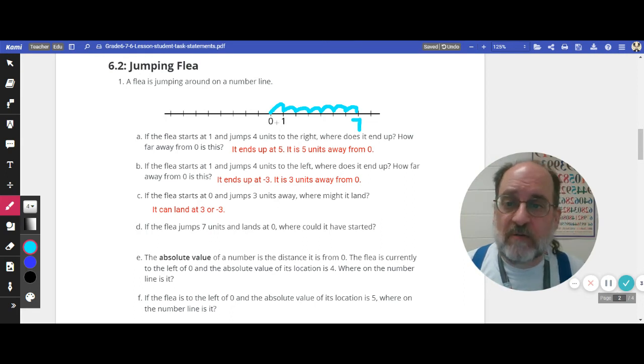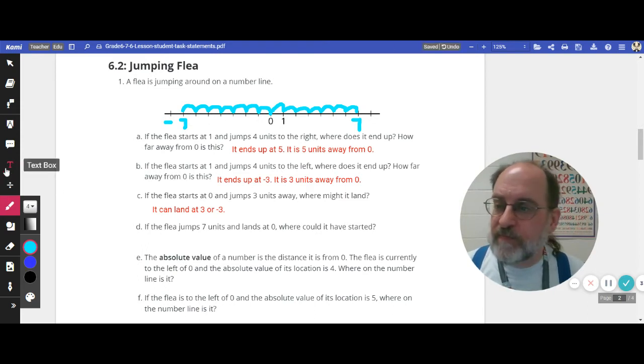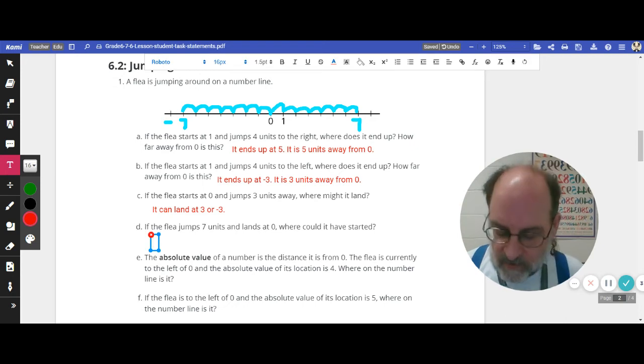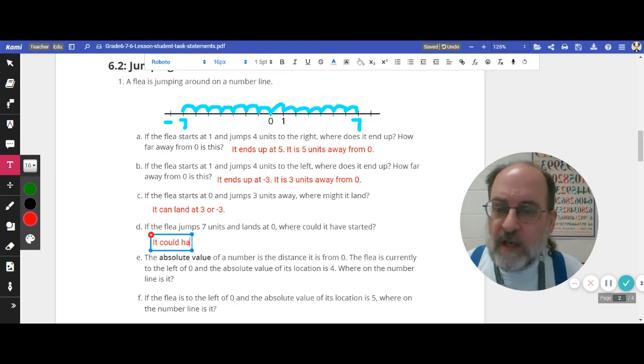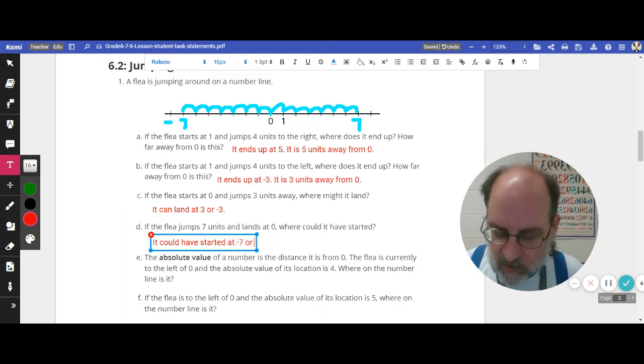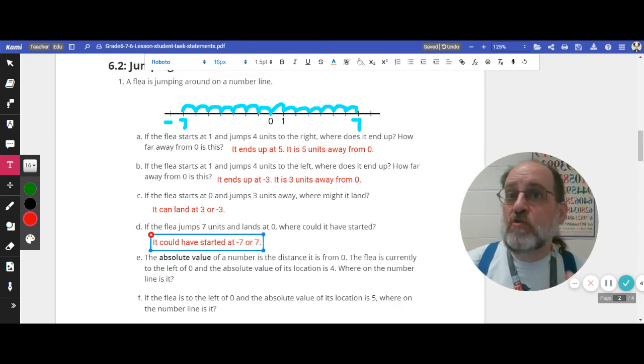So from 7 to 0. Or I could have gone 1, 2, 3, 4, 5, 6, 7. I could have been at -7 on the negative side of the number line and jumped to the right. So it could have started at -7 or 7. Again, there are 2 answers here because there's 2 directions that the flea could have moved.